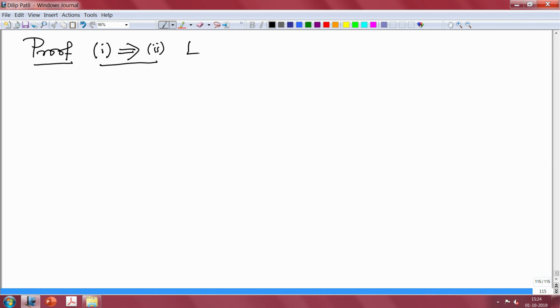So, let (x_n), n in N, be an ascending sequence in X. We want to show that it is stationary.